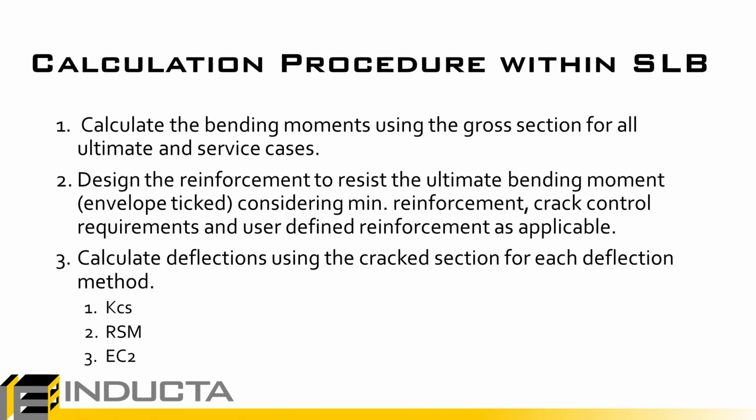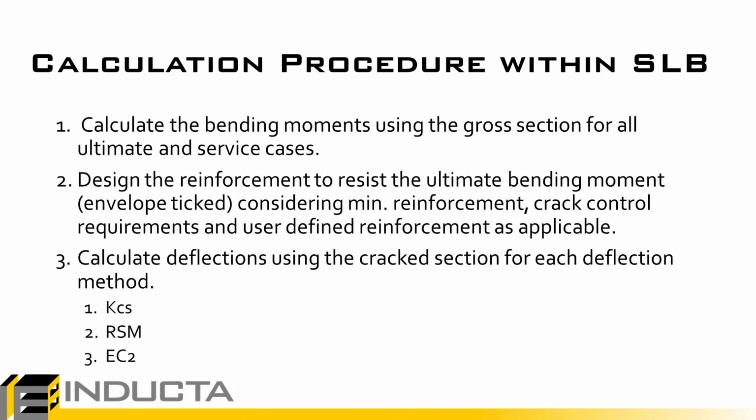The calculation procedure within SLB as it relates to deflection calculations is that the bending moments are calculated using the gross section of the concrete, for all ultimate and service case combinations. Then the reinforcement is designed to resist this ultimate bending moment, for cases that have envelope ticked.